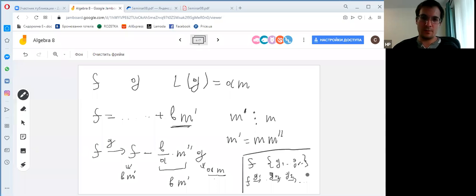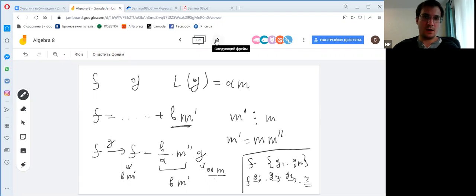Then we obtain the polynomial r, which cannot be reduced with any of the polynomials g1 and so on to gk. Then r is the remainder of f with respect to this system g1, ..., gk.